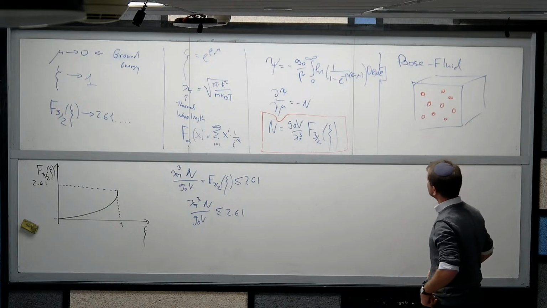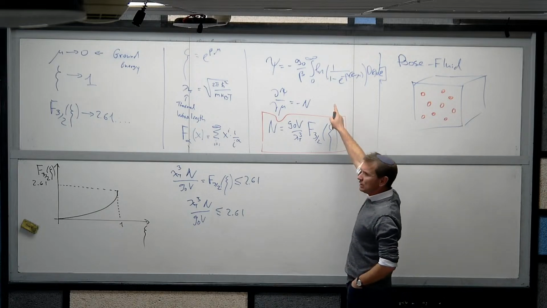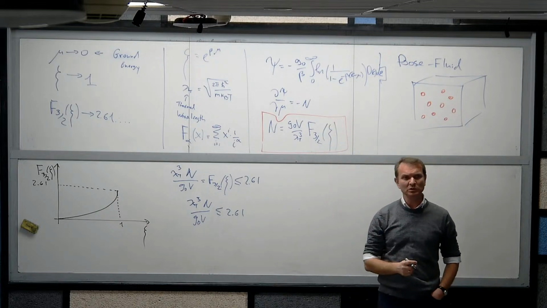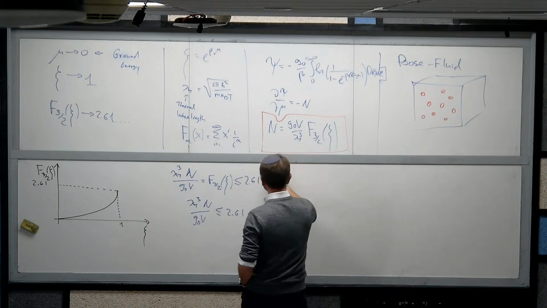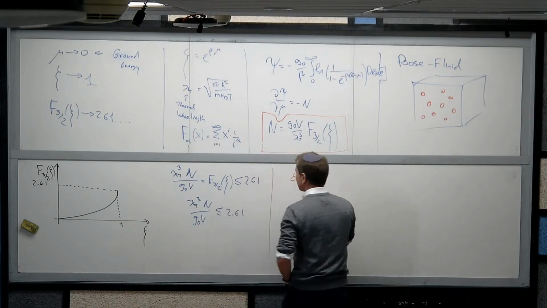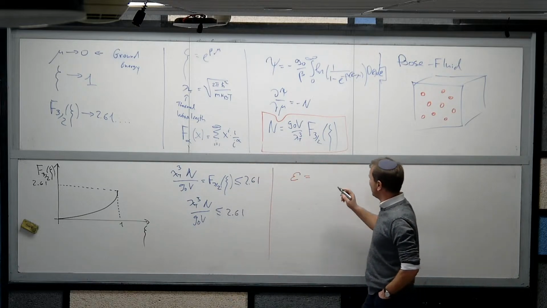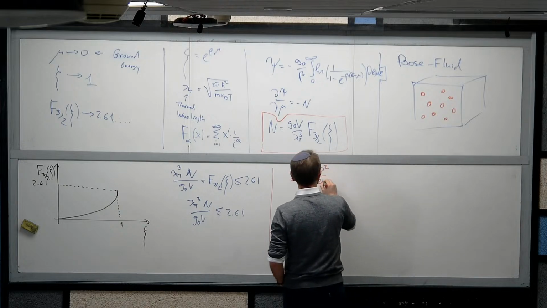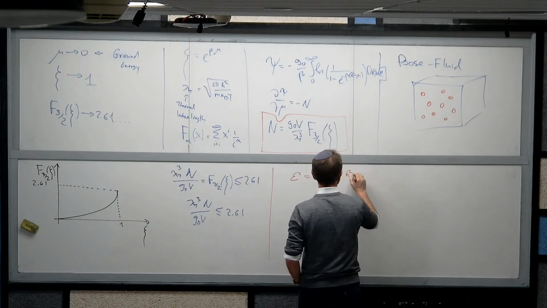And those assumptions were, well, actually, we don't have a continuum spectrum, right? Because the energies are p squared divided by 2m, which is h bar squared k squared divided by 2m.